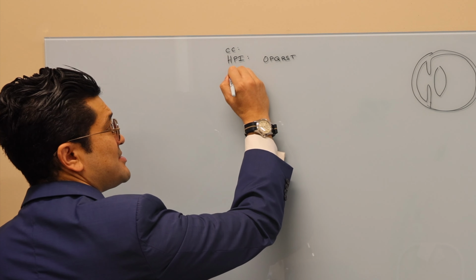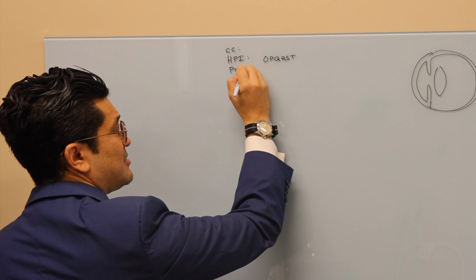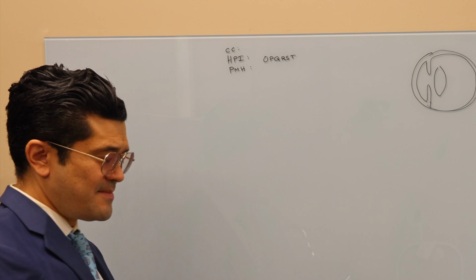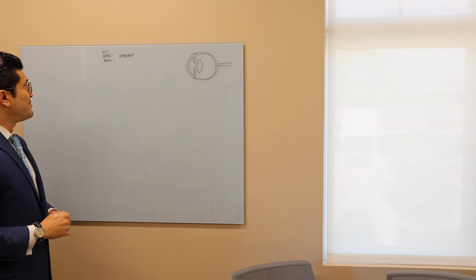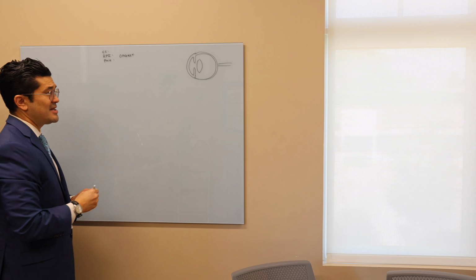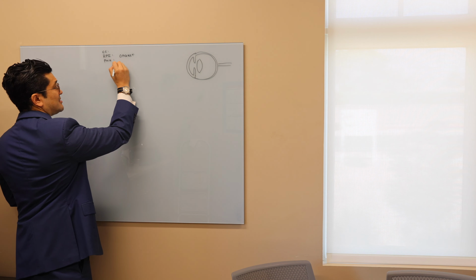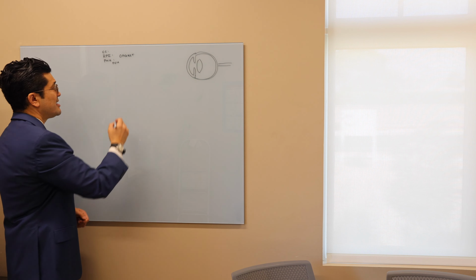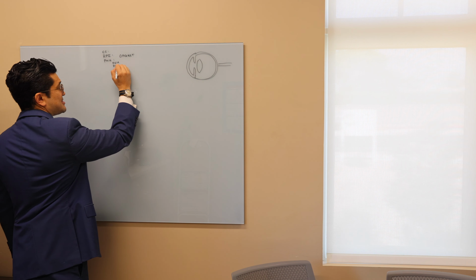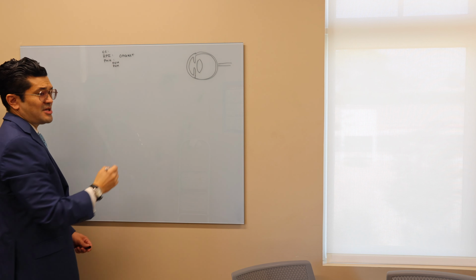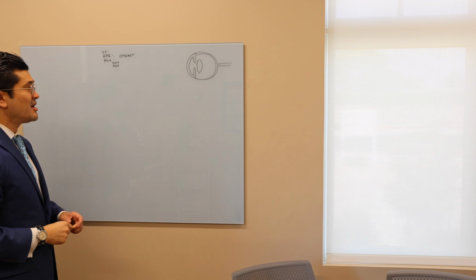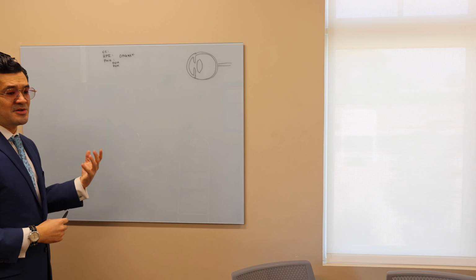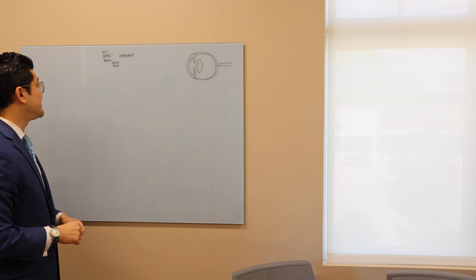Next, you will go into something called the past medical history. We'll just abbreviate it PMH. Some people will write something like PSH. That stands for past surgical history. Some people will write something like past ocular history, so POH. Did they have LASIK? Did they have cataract surgery? All that would go into this past medical portion of the examination.